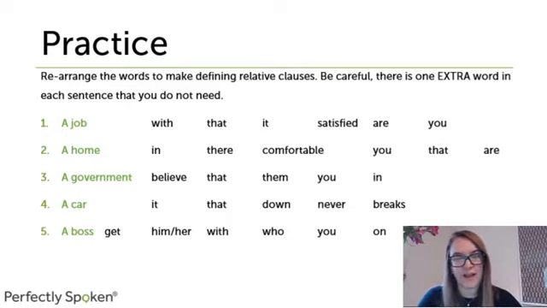And number 5, a boss. Get him or her with who you on. So what you need to do here is to pause the slide and have a think. Try to rearrange the words, and in each sentence you need to eliminate one of the words that is not needed.